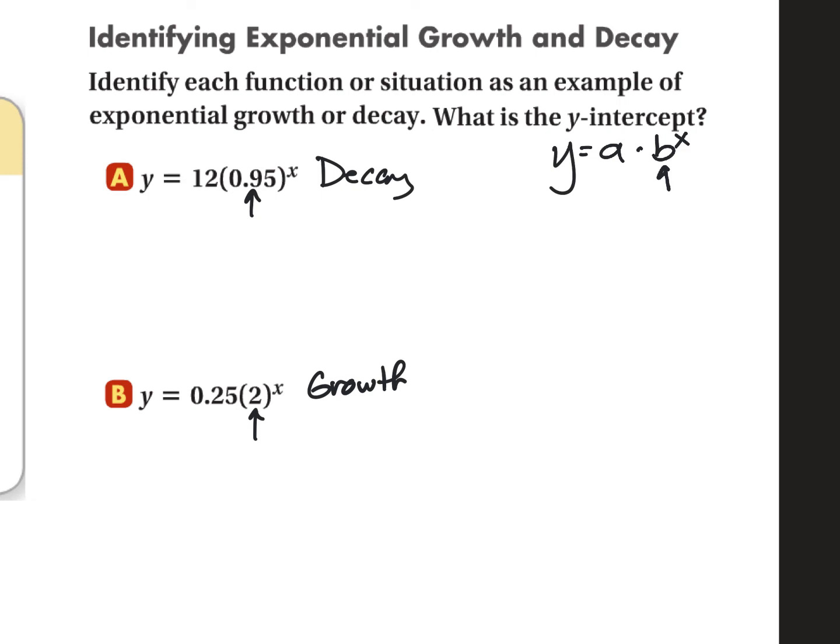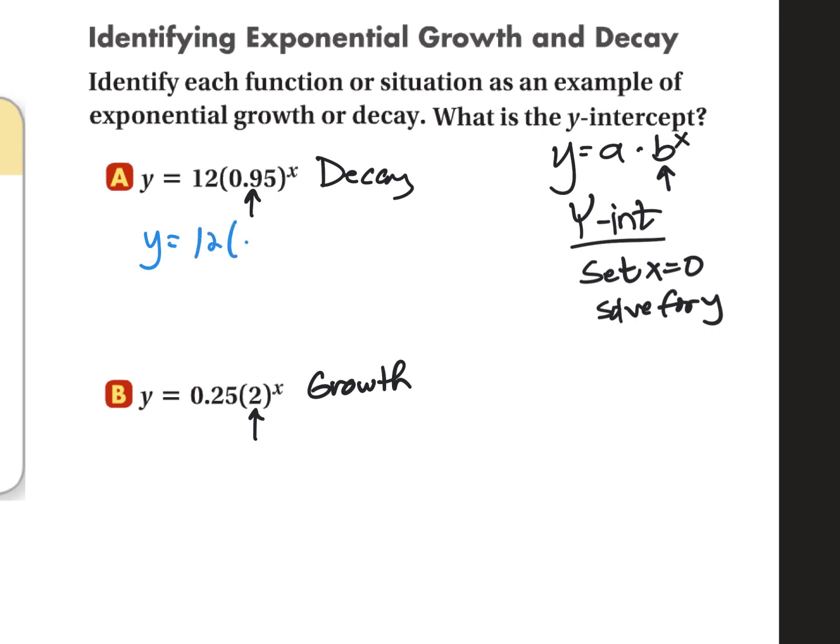Okay. Now, how do we find the y-intercept? To find the y-intercept, we set x equal to 0, and then we solve for y. So in the first problem up here, I've got y equals 12 times 0.95 to the x power.